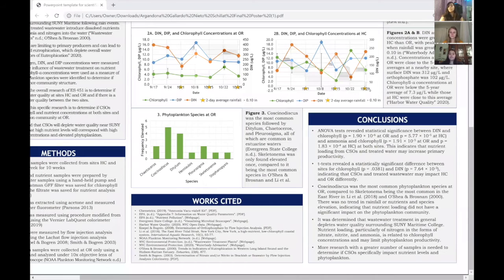Nutrient loading, particularly of nitrogen in the forms of nitrite, nitrate, and ammonia, is related to chlorophyll concentrations and may limit phytoplankton productivity. Due to this, more research with a greater number of samples is needed to determine if CSOs especially impact nutrient levels in phytoplankton.